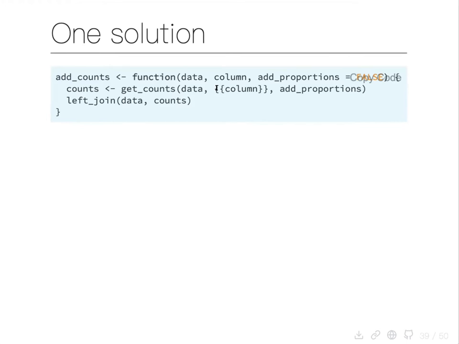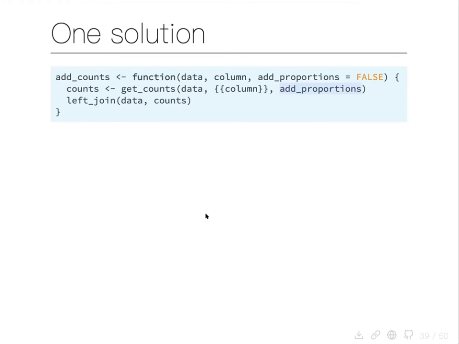So data, column with the double braces, and then add proportions, whether I want to add those proportions or not. So whatever this false or true is going to be passed to what in get counts is referred to as return proportions. But in this one, we're saying add proportions. Do you want to add the proportions to the data set? Okay. And then we're just going to left join the data with counts.